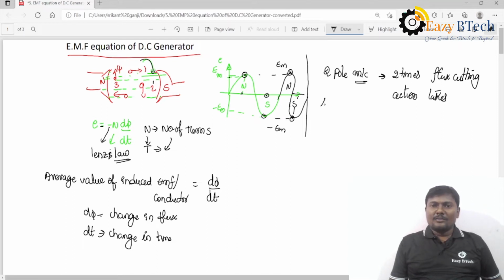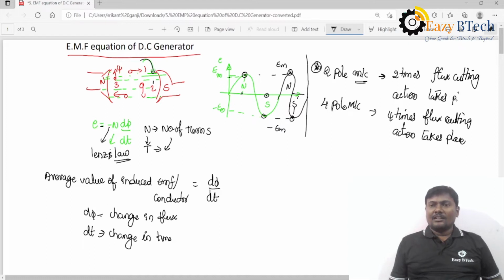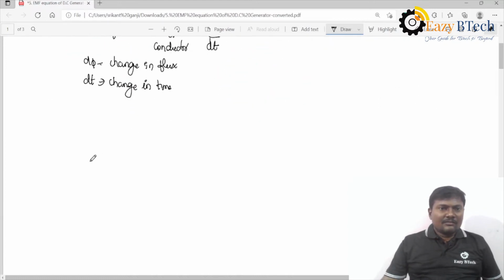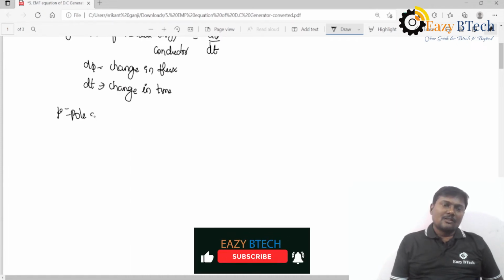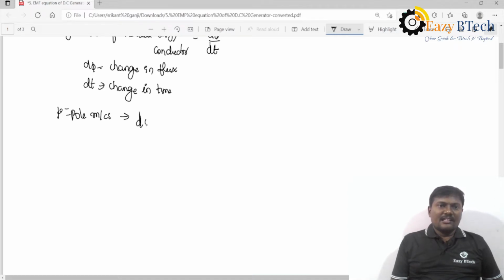For a four-pole machine, 4 times cutting action will take place. If you go for a P-pole machine, how many times will cutting action take place? That is d phi is equal to P into phi.